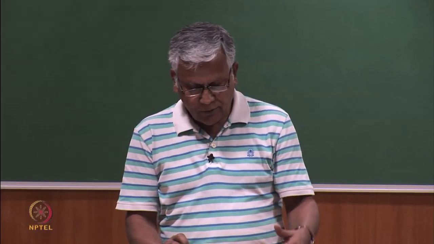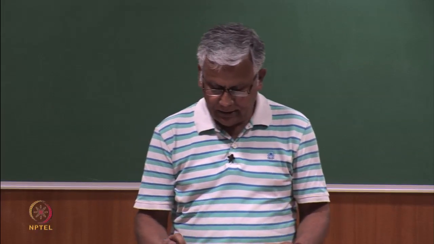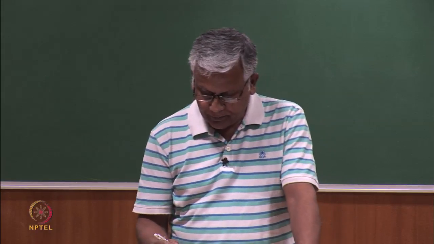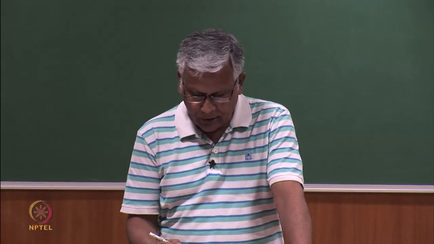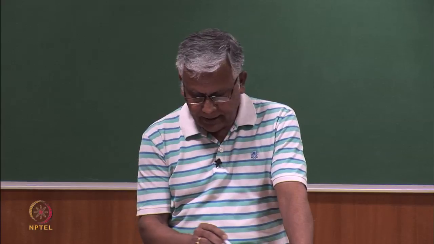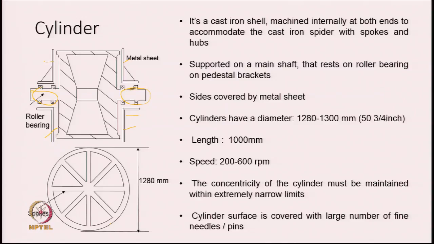That is why manufacturing a cylinder is not easy from the mechanical engineering point of view. The entire cylinder surface is covered with a large number of fine needles or pins. That is all about the construction part of the cylinder.